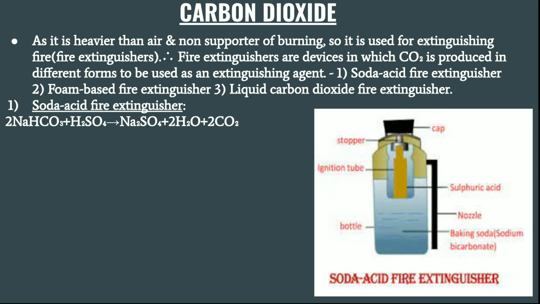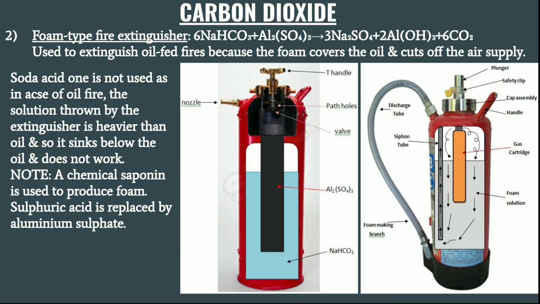This carbon dioxide along with water will come out through the nozzle and spread over the fire, and that will extinguish the fire. As we are using baking soda for producing this carbon dioxide, it's called the soda acid fire extinguisher.